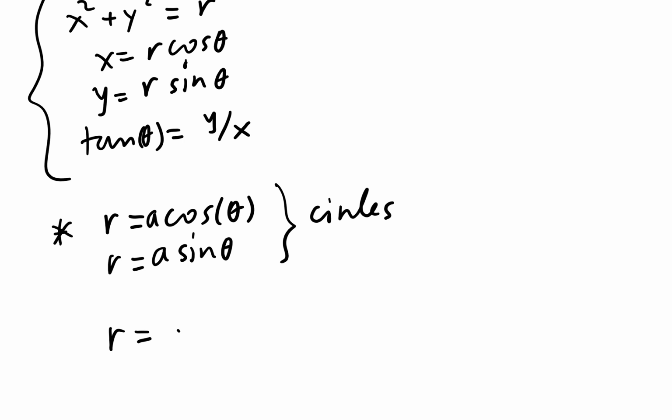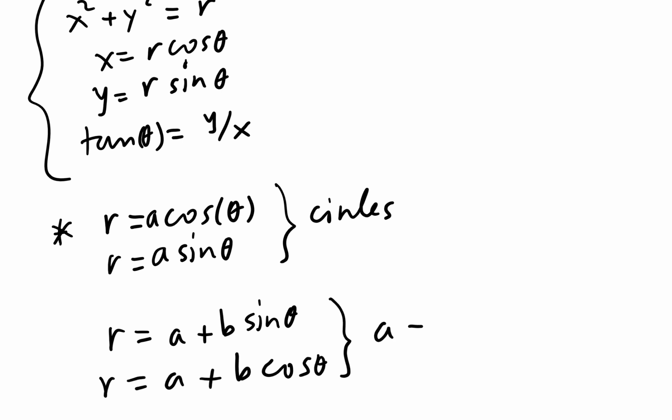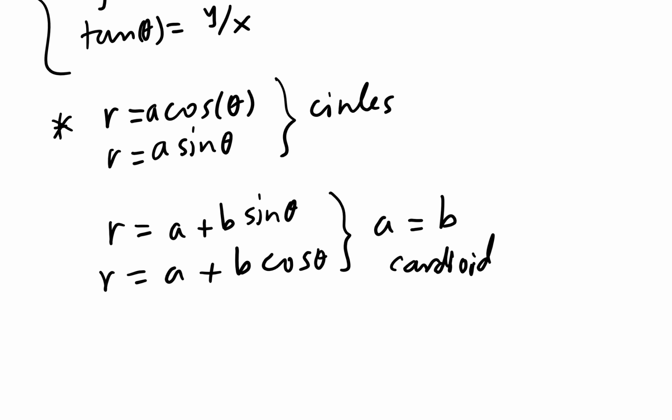Also, a plus b sine theta, a plus b cosine theta, where a and b are the same, and that's called a cardioid. So those are the most important ones.